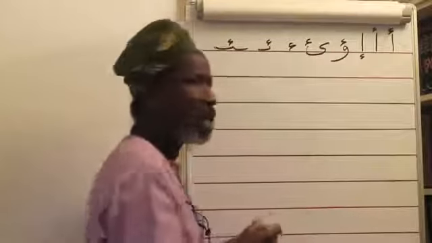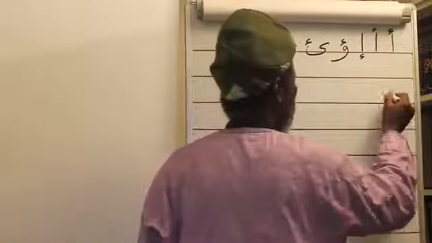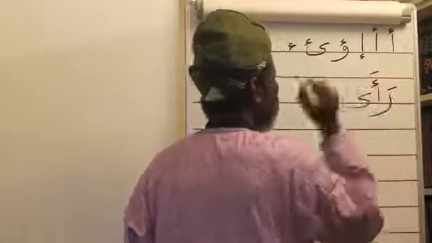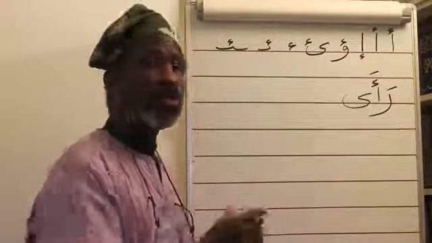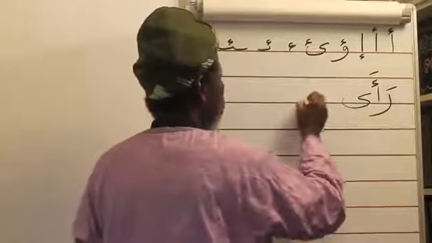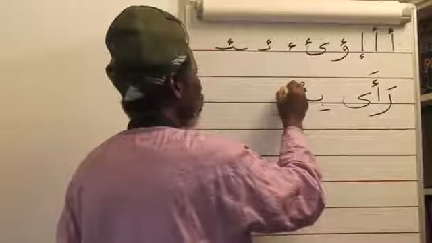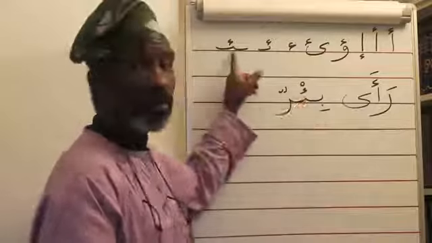So we have like a ra'a. So ra'a, that's your hamza there, sitting there. Bi'run, for instance, bi'run. You see hamza sitting on this, something like this.